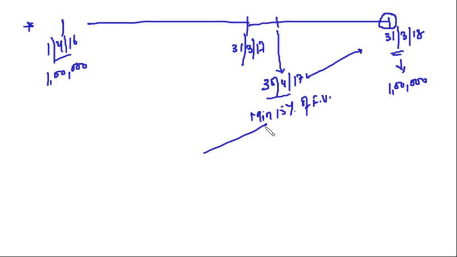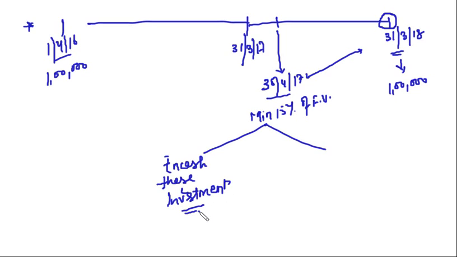There are 2 methods. One is to encash these investments. Encash means sell the investments and get the cash. The first method is to get the investments encashed just before the redemption of debentures, and whatever money you get from the encashment, that money can be used for redemption if required.